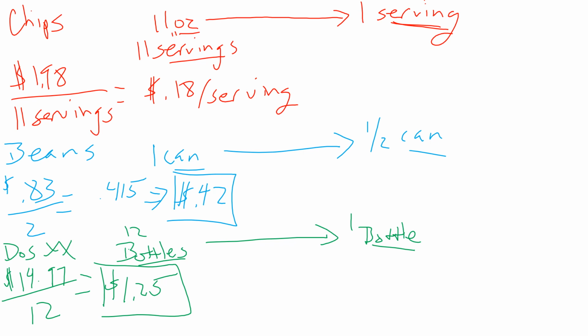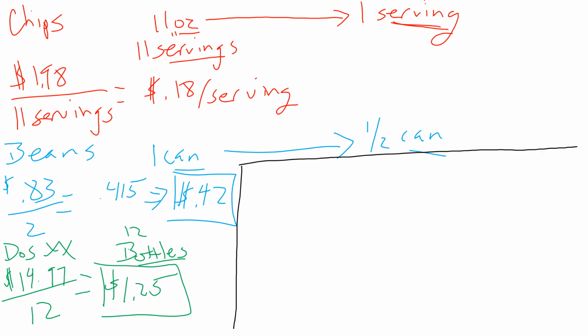Now the Topo Chico is going to be a little tricky, so this is going to take a little bit. So let's talk about it. I'm going to divide our section right here so we can talk about our Topo Chico. Now, our Topo Chico came in 1.5 liter bottles, and we are going for 8 ounces of a serving. So these units do not match.